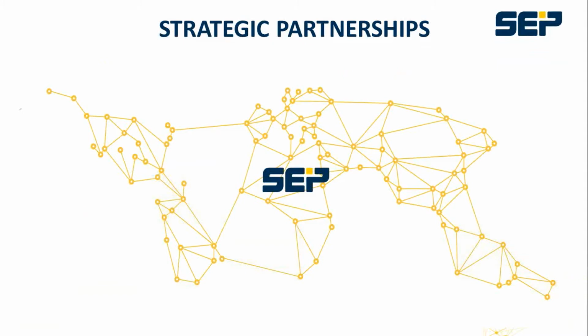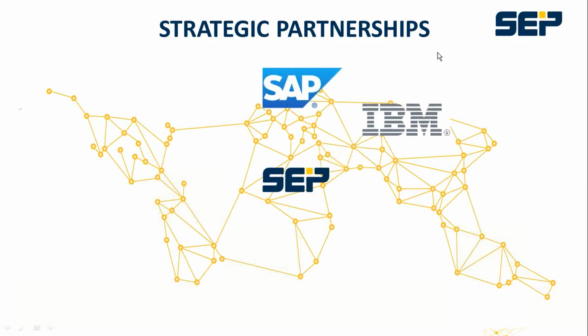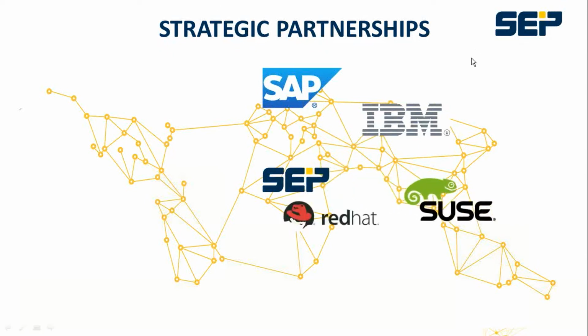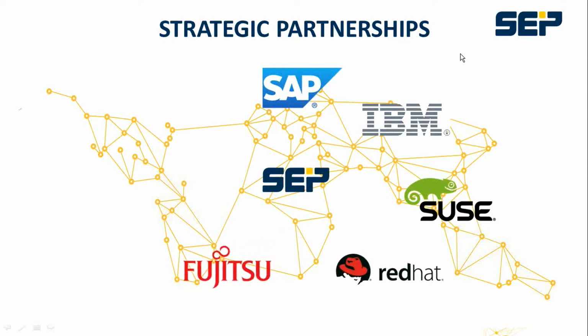About our strategic partnerships, you should know that we have a lot of world-class partners. We are working very closely together, and on top of it, there is SAP. We are working closely with SAP, and all the other partnerships, most of them are hardware or software vendors like IBM, like SUSE, like Red Hat, like Fujitsu, like Lenovo and Micro Focus.